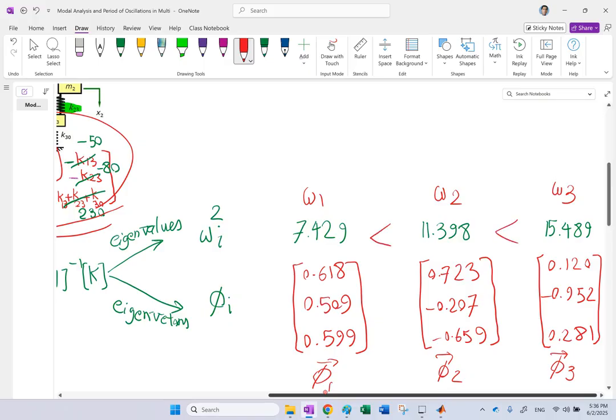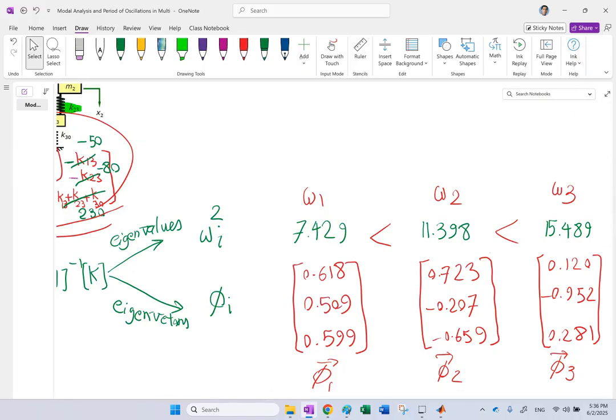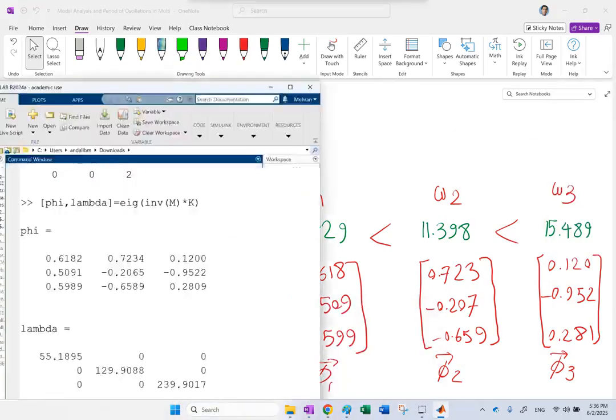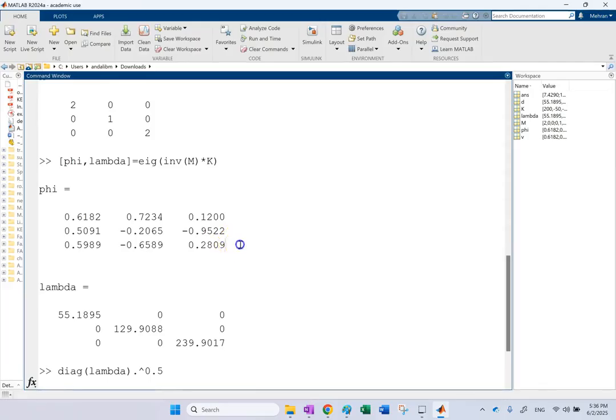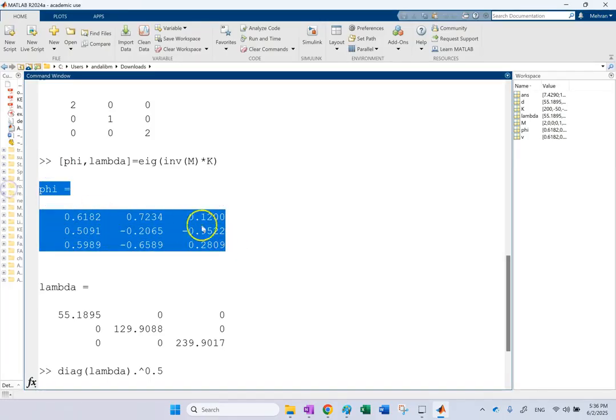Now, is there anything specific about these 3 vectors, these mode shapes? Is there anything specific about them, or anything specific about this matrix that has the mode shapes in it? This matrix phi here, which we call, by the way, the modal matrix, the matrix formed by these phi's, right?